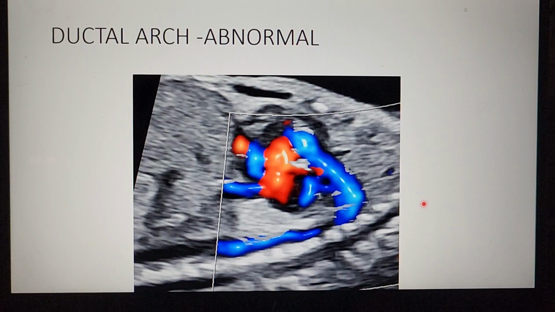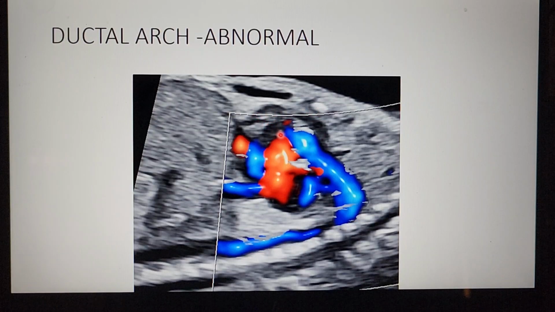Now when we put color and try to get our ductal arch, you can see that the normal ductal arch had an origin close to the sternum from the right ventricle and went flush posterior to the sternum and took a wide arch. Whereas here you can see the right ventricle gives rise to a vessel which does not follow that rule.